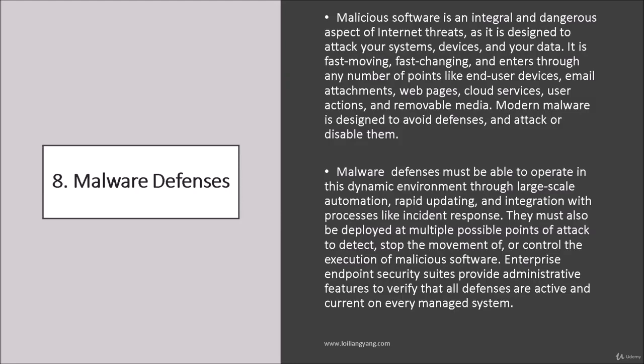So now we move into what we call the endpoint detection and response era. In this era, instead of looking only at signatures, we're also looking at indicators of attack and indicators of compromise. Indicators of attack mean, before an attack happens, what are they trying to do? Are they trying to stop the antivirus system? Are they trying to scan the network for compromise?